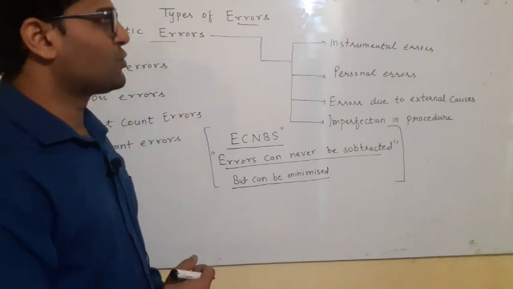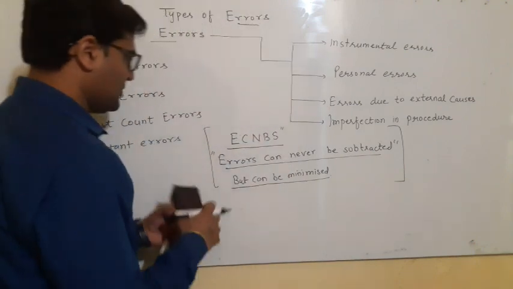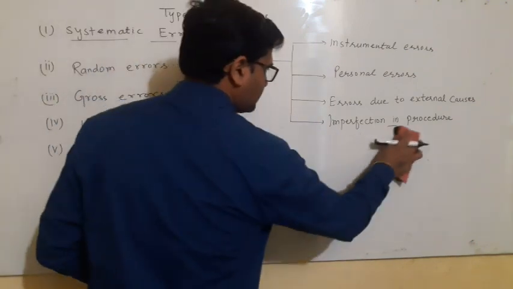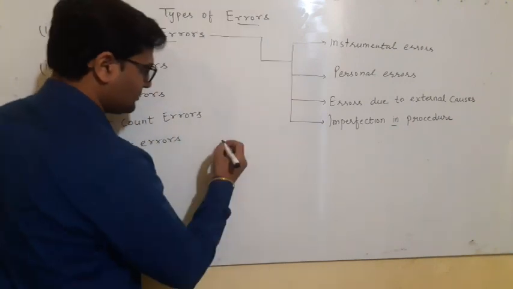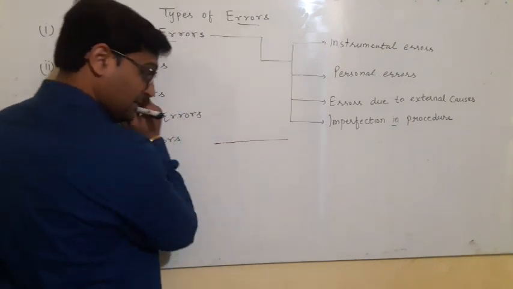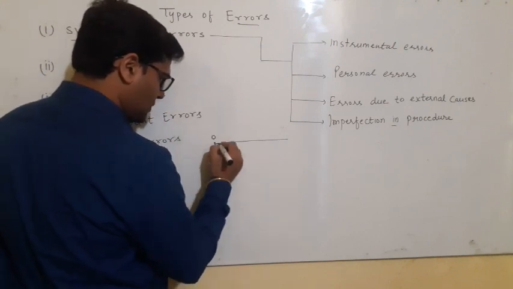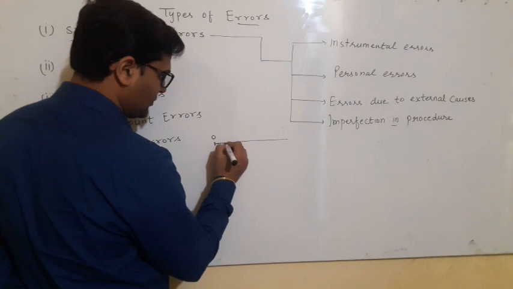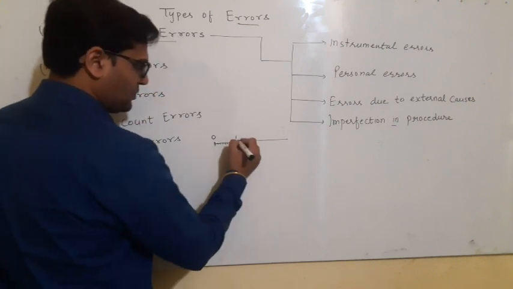So first I am taking instrumental error. Suppose I have any instrument, say a simple scale, and this is 0, 1, 2, 3, 4, 5, 6, 7, 8, 9 and 10, like so on.